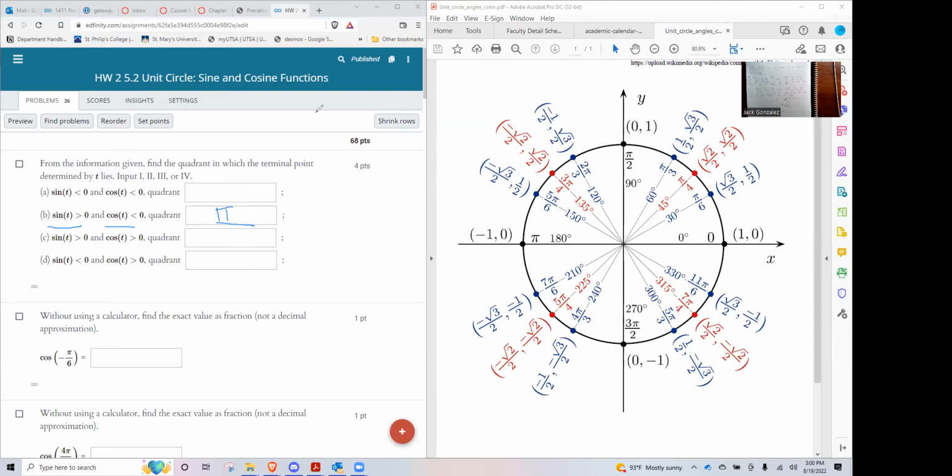If they're both positive, it has to be 1. If y is negative and x is positive, then 4. Both negative, we said 3.